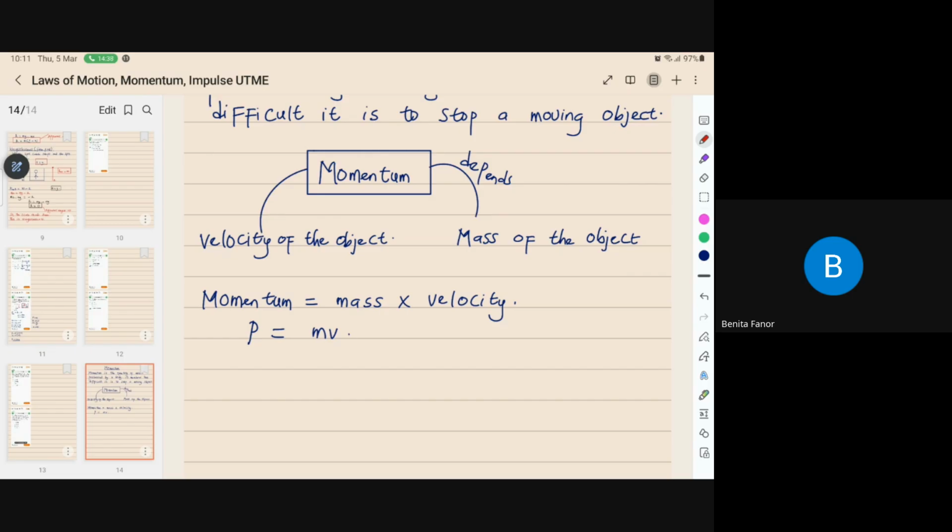Sometimes an object with a very small mass, because the speed is very high, will have the same momentum as a heavy object that is moving slowly but has a very big mass. I think you get my point. You understand what I'm trying to say about how momentum depends on mass and velocity. Can you give me a thumbs up if you get all of this?